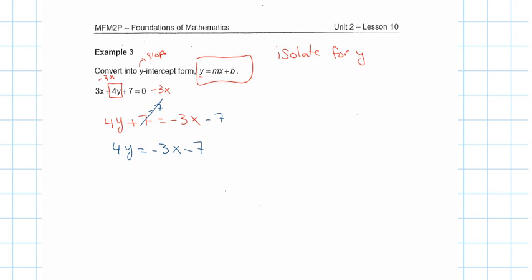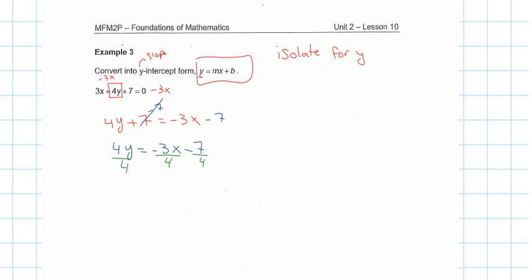To get rid of that multiplication by 4, I need to divide everything by 4. So I have to divide this by 4, and I have to divide every term that's here by 4. It's called division by 4. So every term in my equation has to be divided by 4.